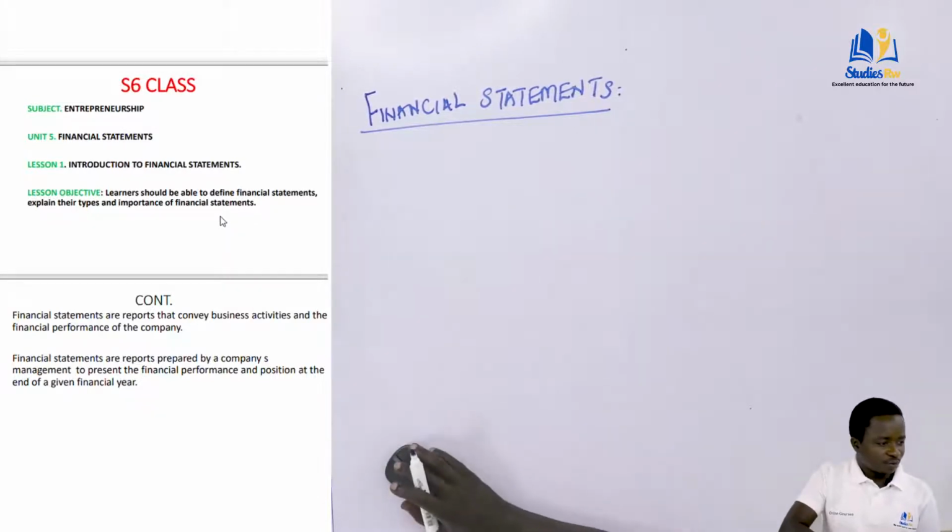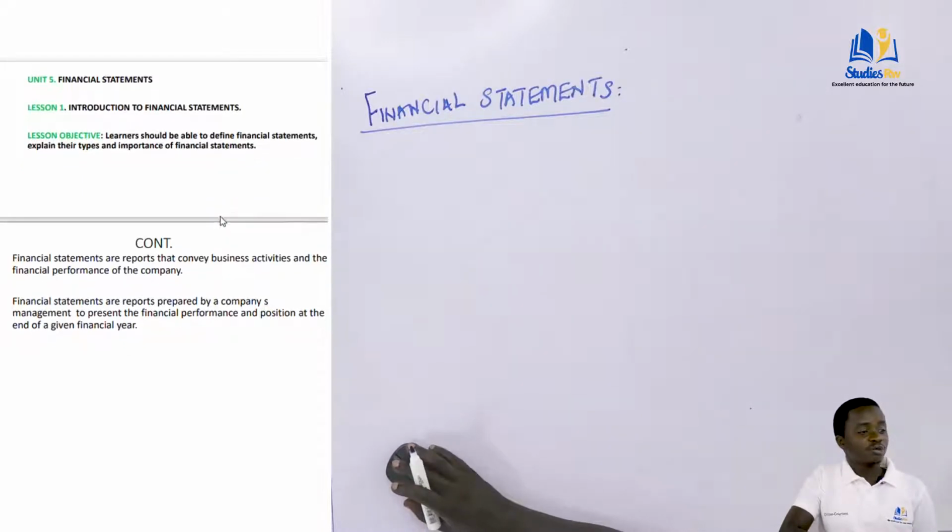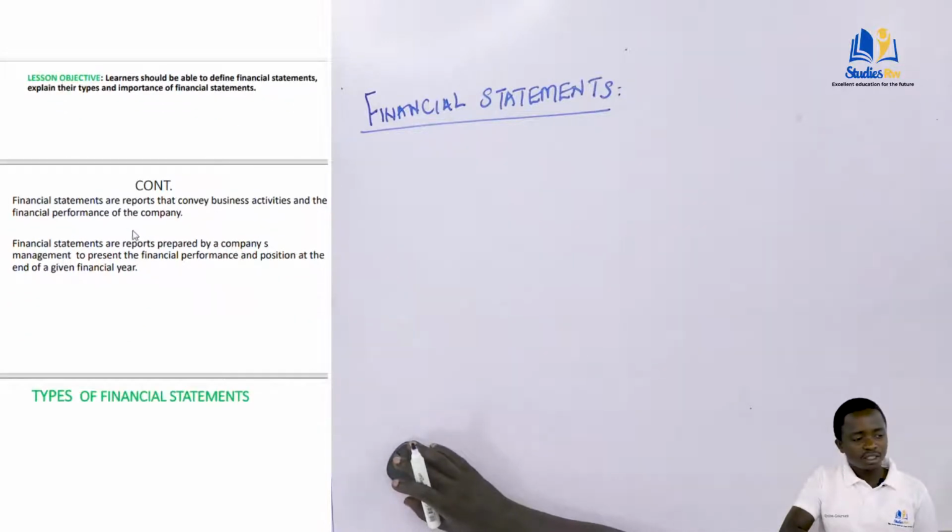If you can check from your monitor, we can read together. Financial statements are reports that convey business activities and the financial performance of the company. These business activities are trading activities which involve buying and selling of goods with the aim of making profits. After buying goods, you sell them.